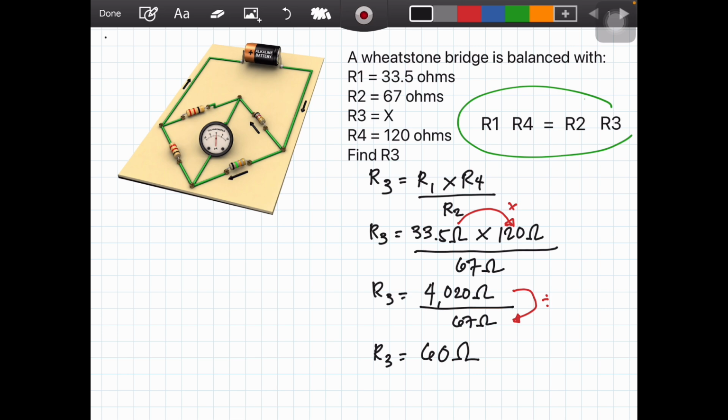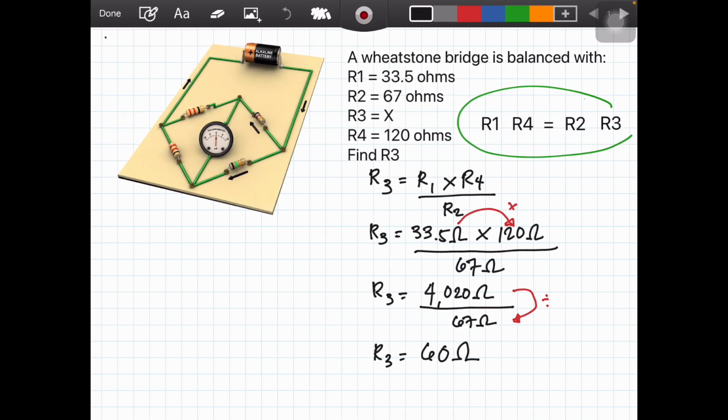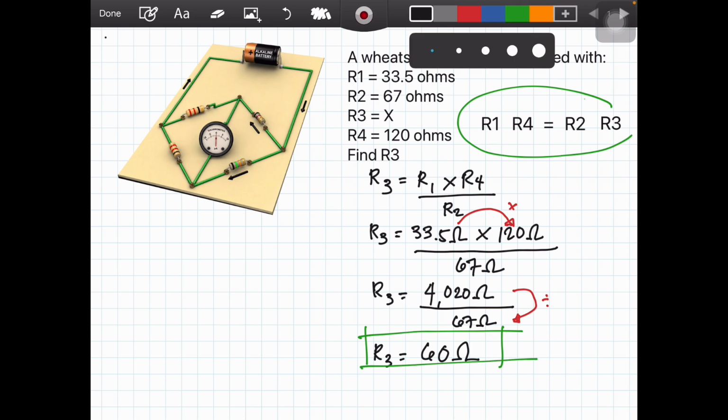So, you get 60 ohms. Right? Okay. Nakuha na natin yung R3. We got 60 ohms for the R3. Right? So, we write there R3 is 60 ohms.